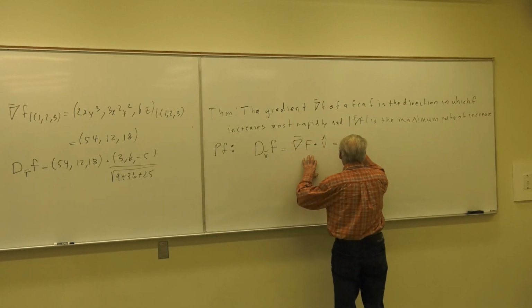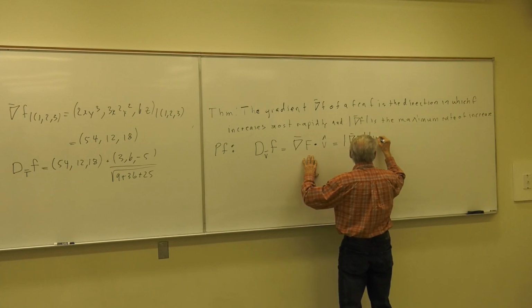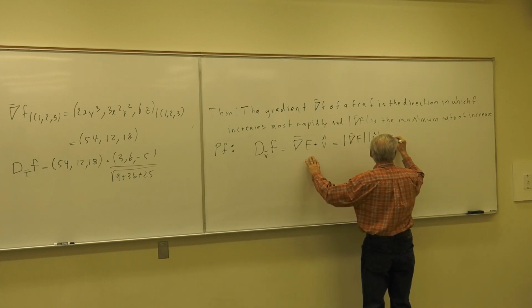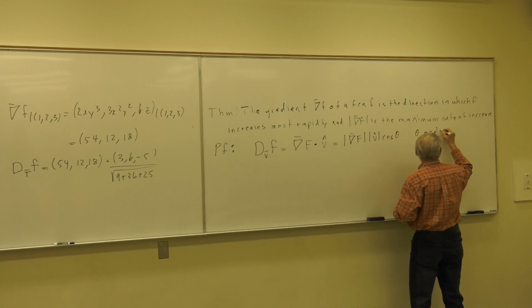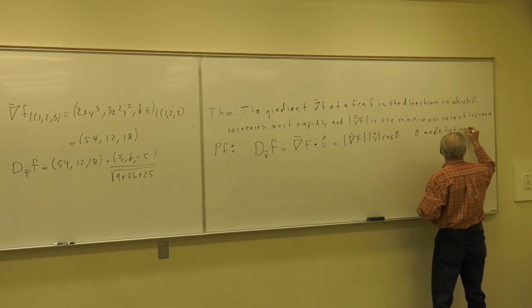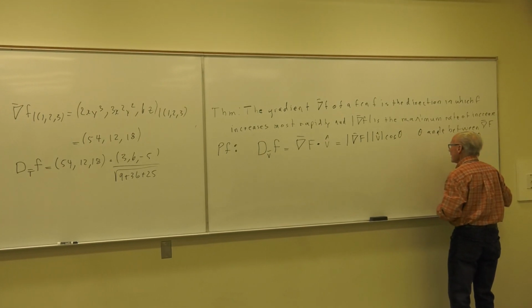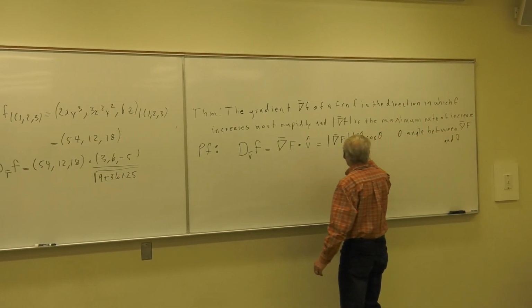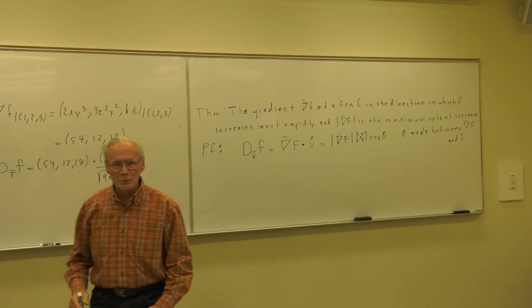Isn't the dot product the length of the first, the length of the second, the cosine of the angle theta between grad f and v hat? But the length of v hat is 1, since it's a unit vector.